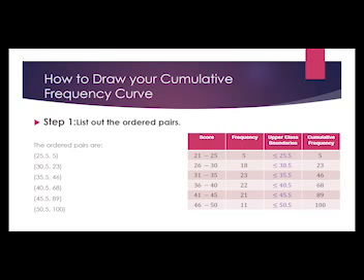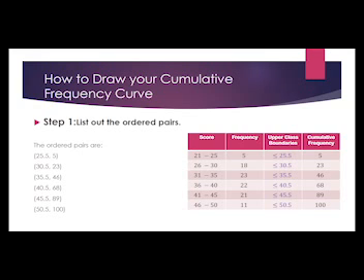Our very first point is going to be 25.5, 5. Remember, your upper class boundary is simply the upper class limit plus 0.5. So my first class interval, the upper class limit was 25. My upper class boundary will be 25.5. So I add 25 and 0.5, and this gives me my upper class boundary.